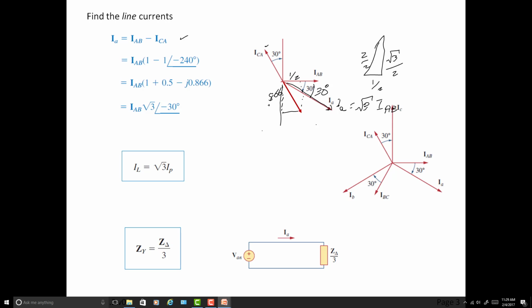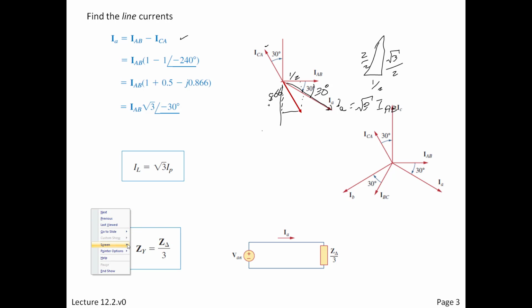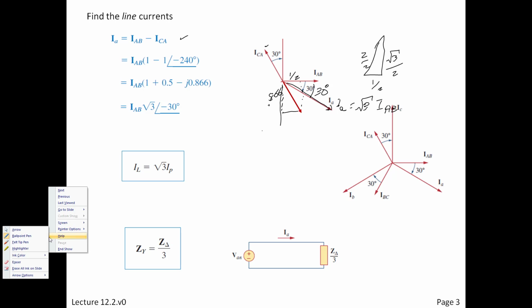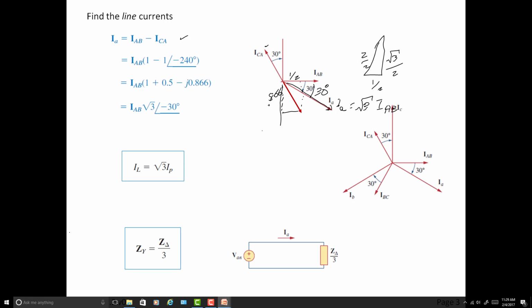Another thing to remember, if I'm given the delta impedance, the Y impedance is 1/3 of that, right?